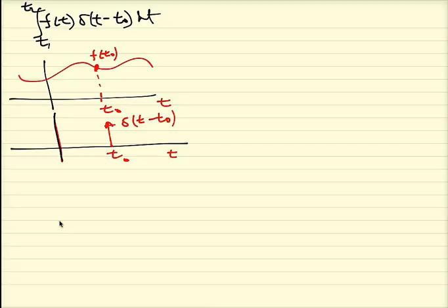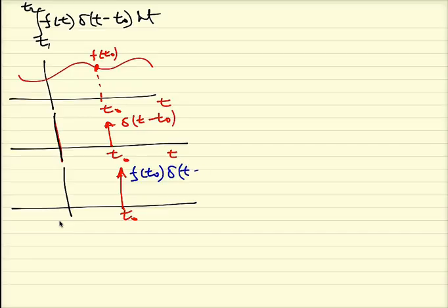Now if you multiply, you should get another impulse at t naught, but it will have a different strength. The strength depends on f(t naught). So the strength is f(t naught), giving f(t naught) delta(t minus t naught).